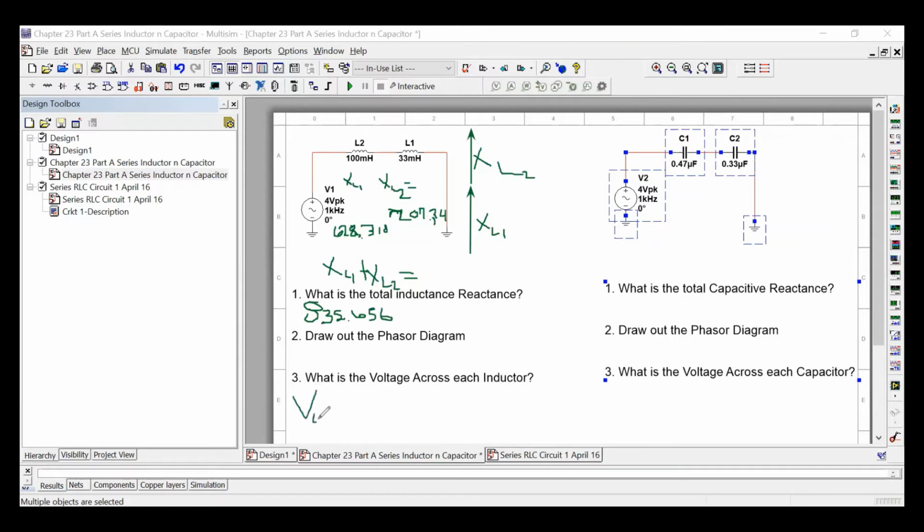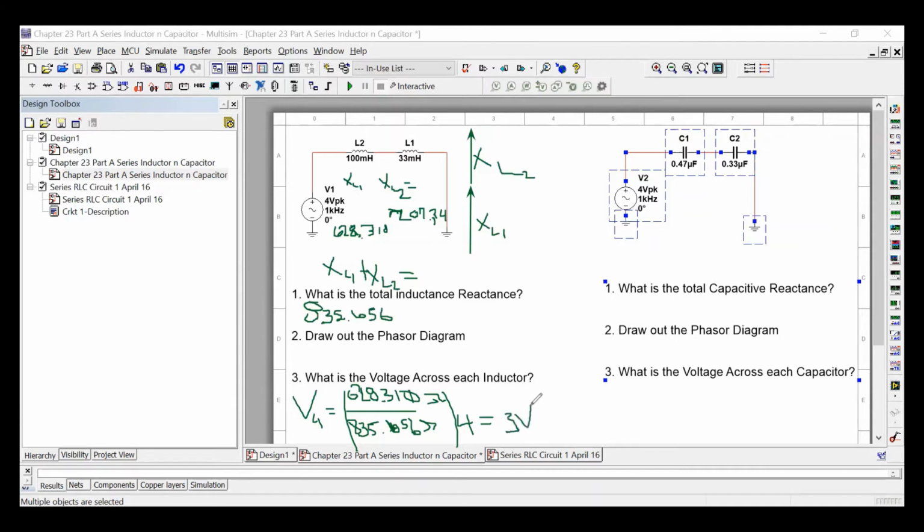So VL1, using the voltage divider rule again, I could do L1, which is 628.310, and then take that and divide it by 835.6. Now like 3. Yep, 3 volts.